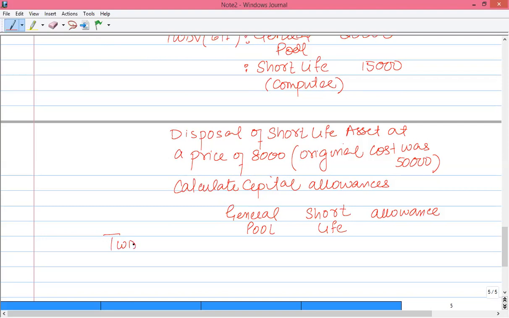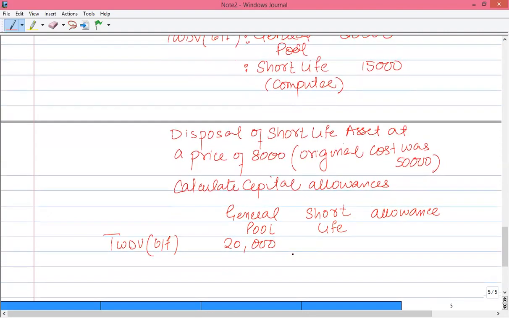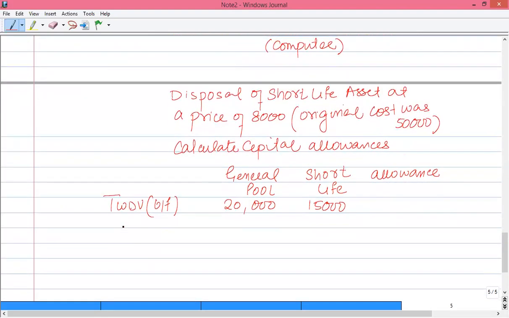So we have TWDV brought forward of 20,000, and the short life asset is 15,000. Now let's put in the value of the disposal. As per the rule, it is the lower of the original cost and the sale proceeds, so it's 8,000. Now the remaining balance in the general pool is 20,000, and here the balance is 7,000.